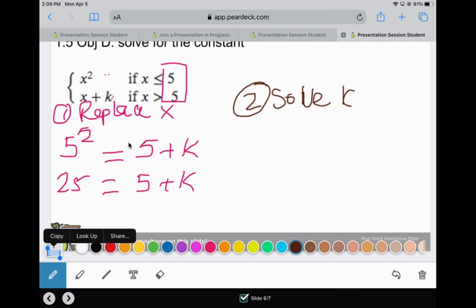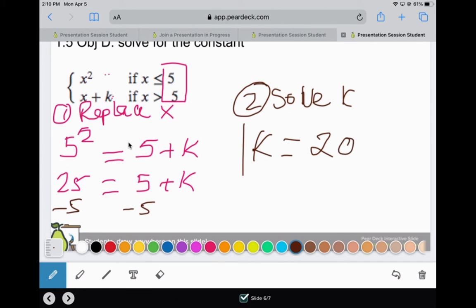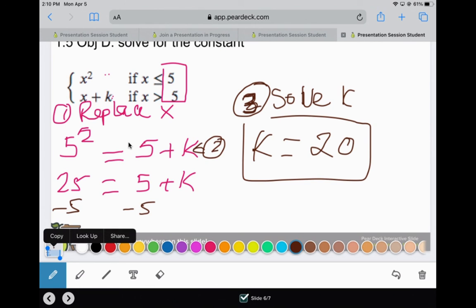So to solve for K, you minus 5 on both sides, so K is 20. And that's the answer that I'm looking for. So step 1, replace the X value. Step 2, set the two equations equal with each other. Step 3, you can solve for K. I'm sorry, step 2 is set them equal with each other, and step 3 is solve for K.